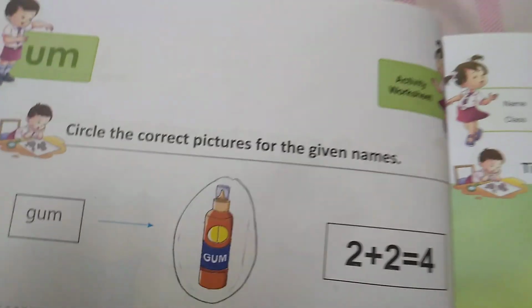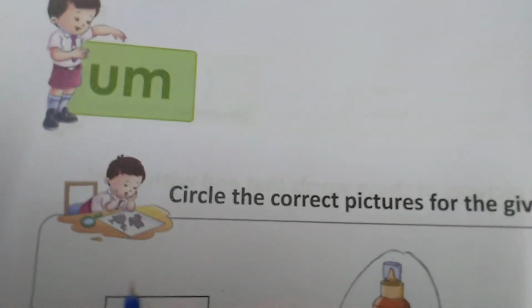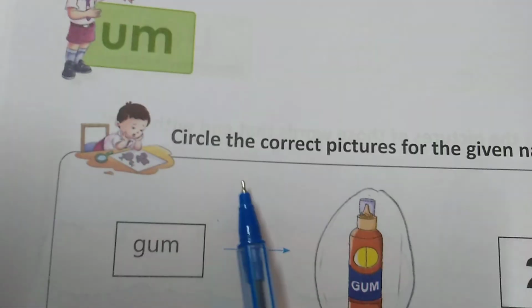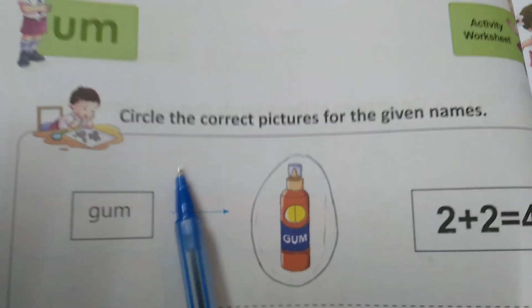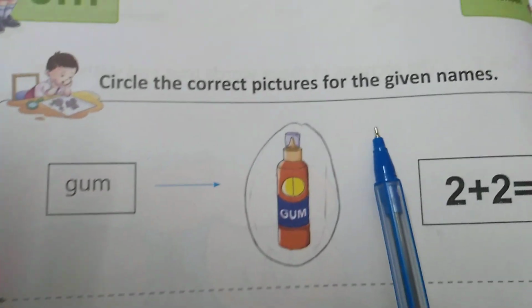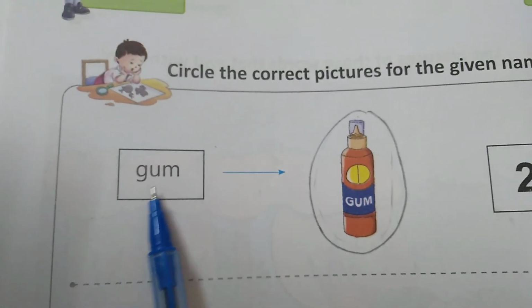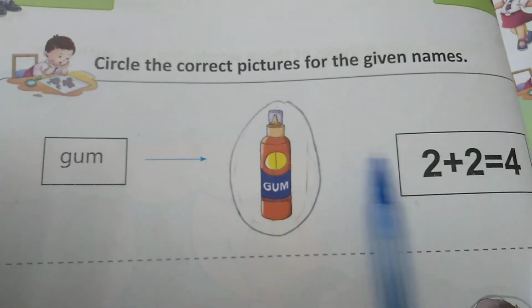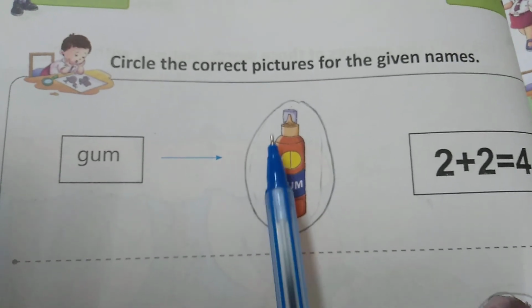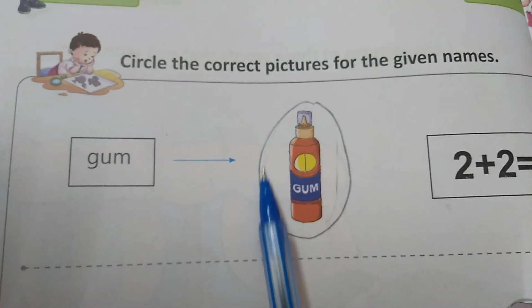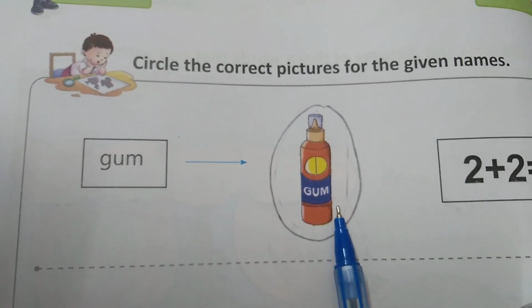Next is um sound. Circle the correct pictures for the given names. This is gum. Two pictures are given here. You have to circle the correct picture. This is G-U-M, gum.